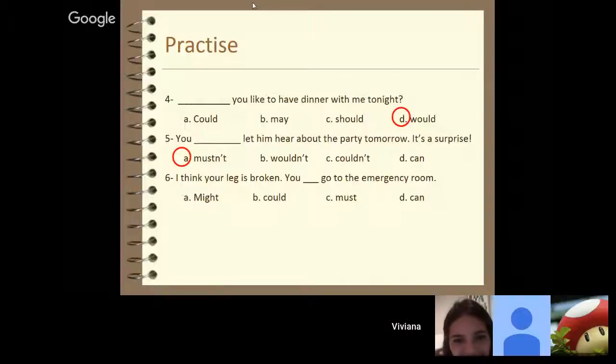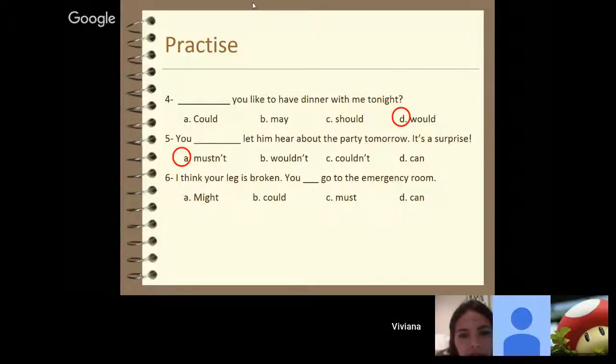But it's a must, it's an obligation. So here, because they're going to have a party and it's a surprise, the person cannot let him hear. That is when we use mustn't. Yes? Okay. Thank you, lady.